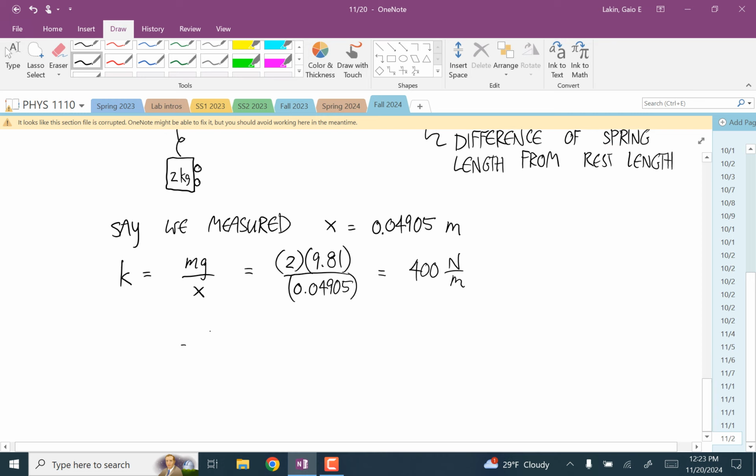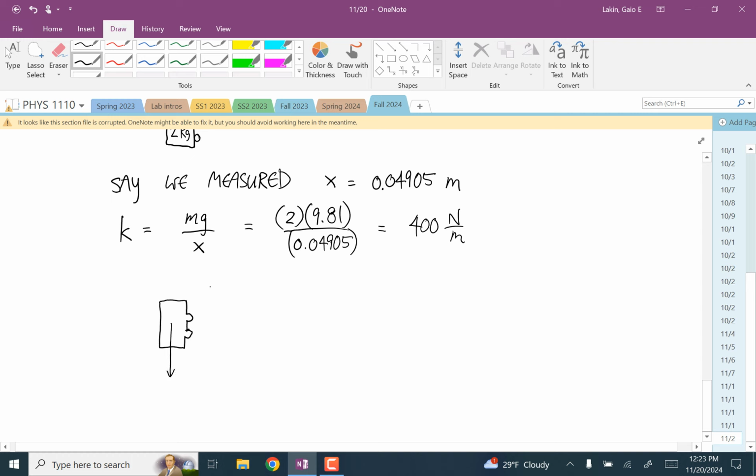It turns out that we didn't do calculations this way. But if you drew a free body diagram, you'd have the pulling force from the spring, and that pulling force is equal to K times X. And then you'd use Newton's second law, given that you've measured the X value, and that's where it comes from.